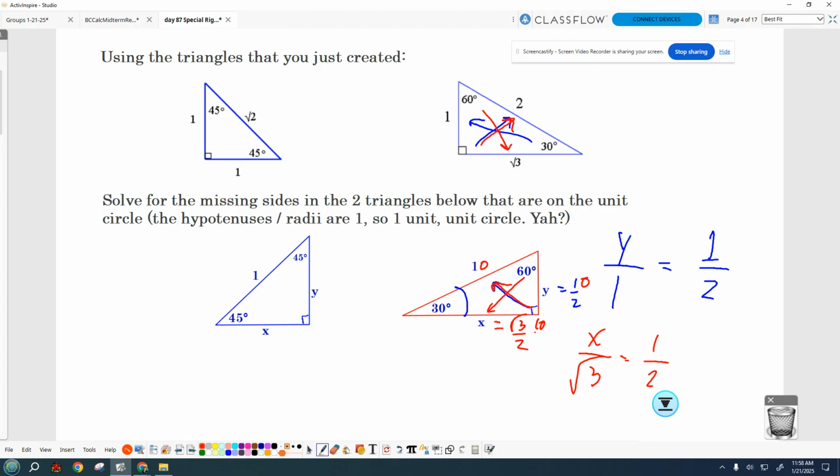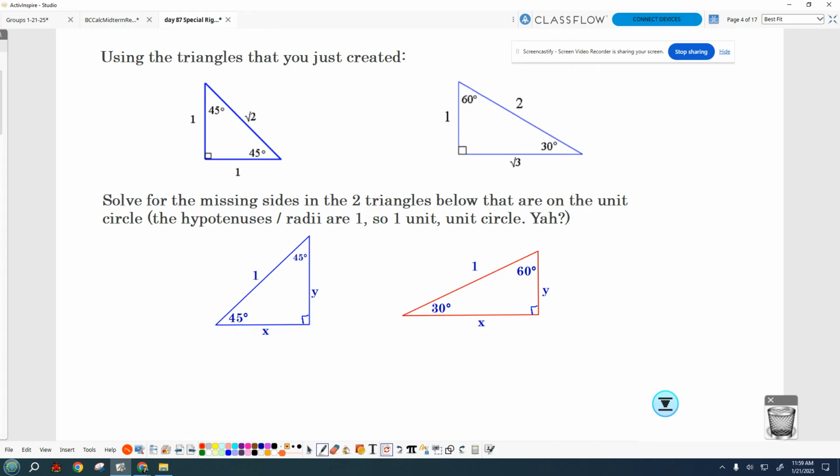Okay. Eleanor? Why is it x over square root 3? Y is x over square root of 3. Okay. In the triangle where I want to figure things out, I have across from 60 is a thing I don't know. So I'm going to compare it to what's across from 60 in the template that I've just created by cutting an equilateral triangle in half.